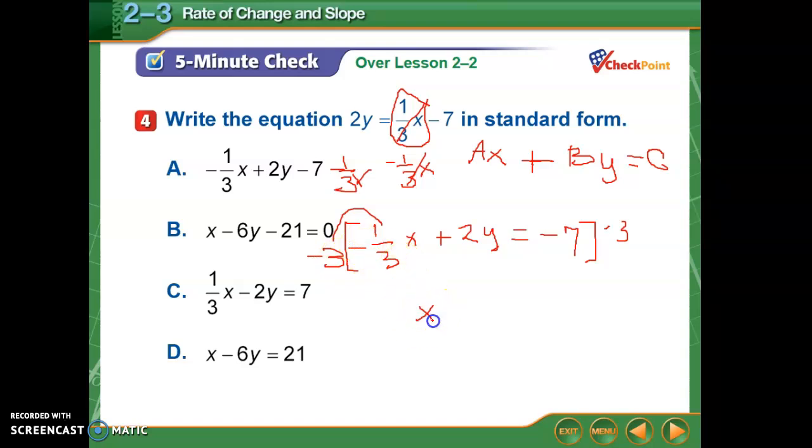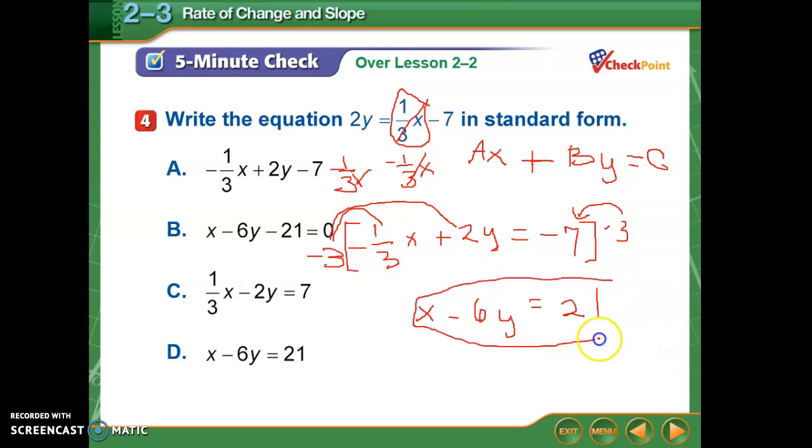So bring down x, and then distribute your 3 to 2. Negative 3 times 2, what do you get? That will give you negative 6y equals, do the same thing here, negative 3 times negative 7, that will give you positive 21. So this will be our equation in standard form.